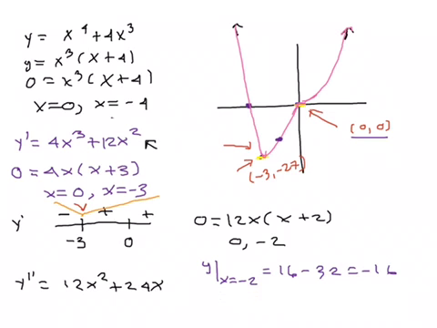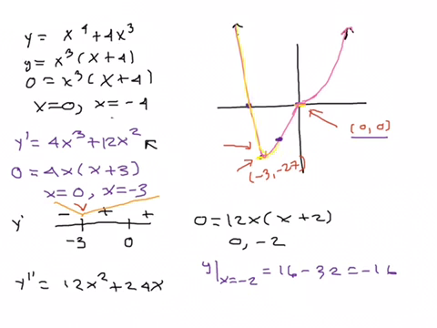So here's my guess, and then I'll make a sign chart for my second derivative to check. First thing, this is a fact at this point: since there are no inflection points all the way up to -2, this is concave up. I know that now.